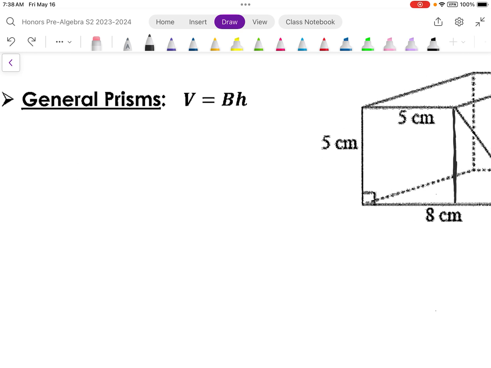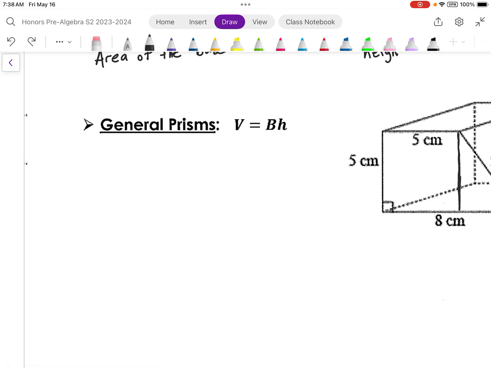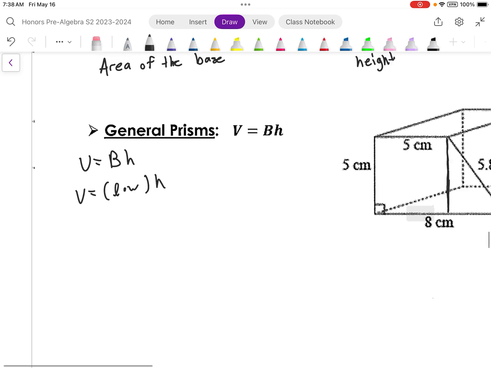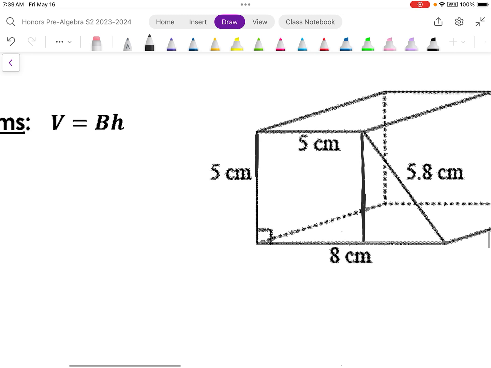Let's start with the volume of the square prism. V equals big B times H, where the big B represents the area of the base, so that's going to be length times width, and then we multiply by height as well. I can see that our height is 5. Our width is 5. It is not 8.